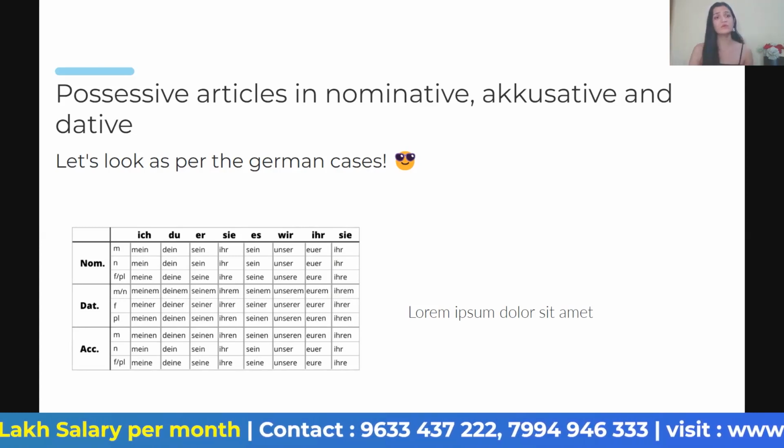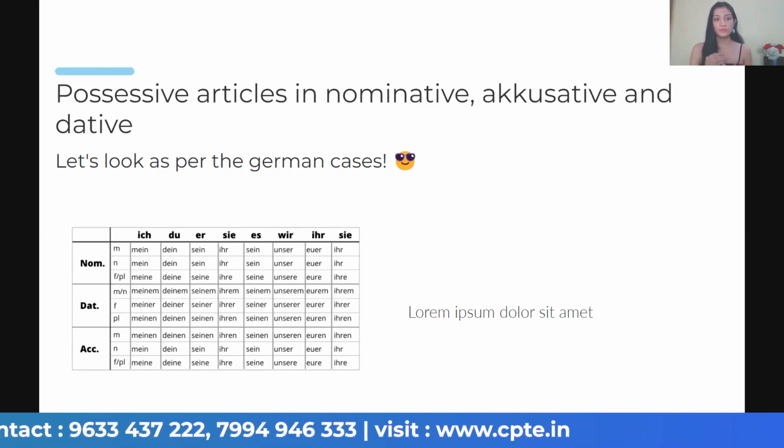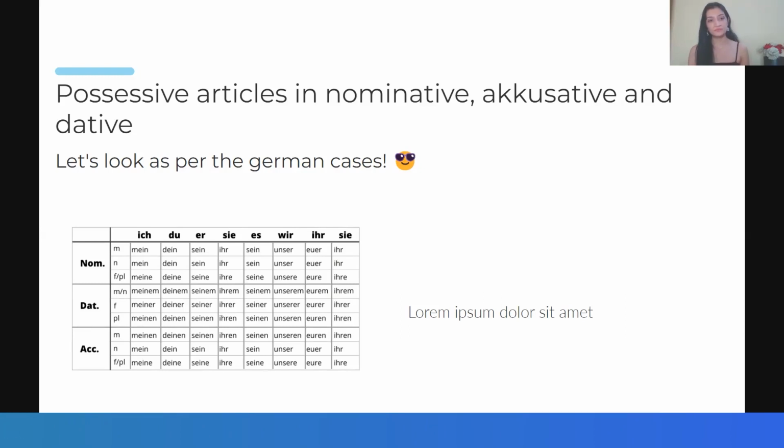Okay. Now coming to dative, which is in the second one. So here you can see masculine, feminine. Here der masculine will change to dem, and das neutral will change to dem again, which means there also dem.